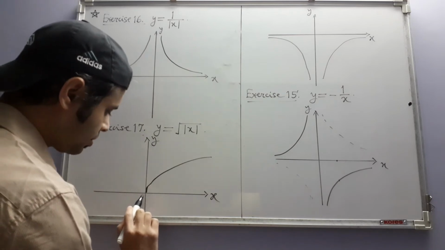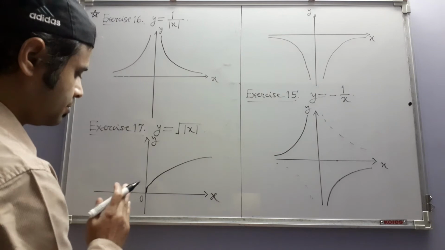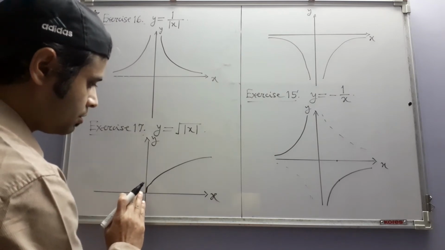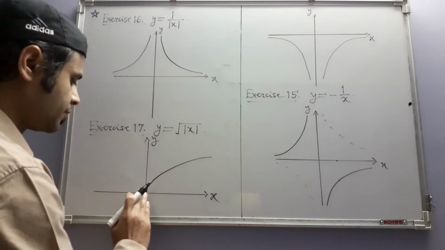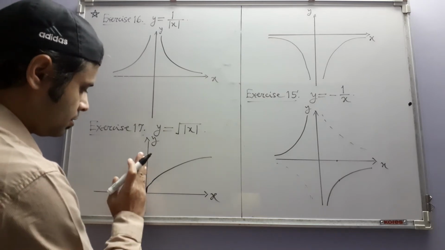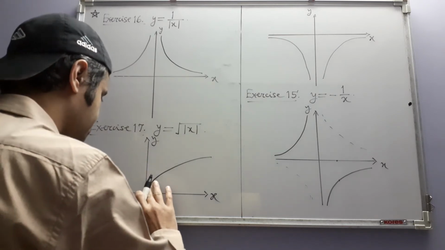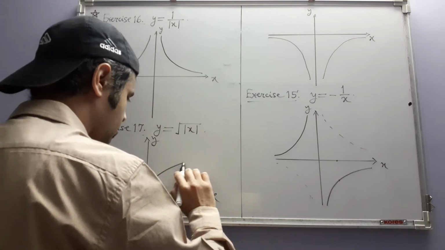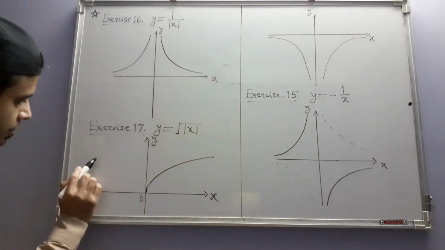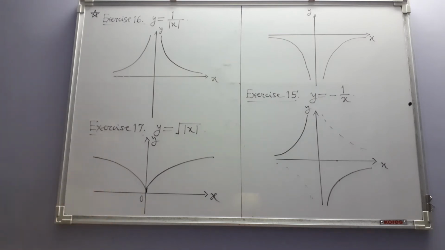At this point 0, the tangent to the curve is the y-axis, but the moment you go a little on this side or a little on that side from the origin, the tangent tilts. Okay, it's no longer vertical. And the other half is just its mirror image. Okay, so that's how the graph will look.